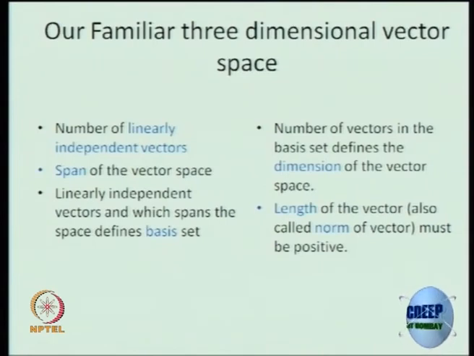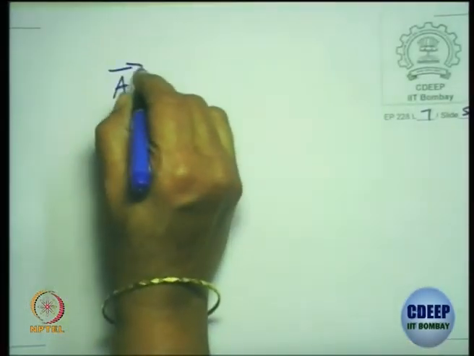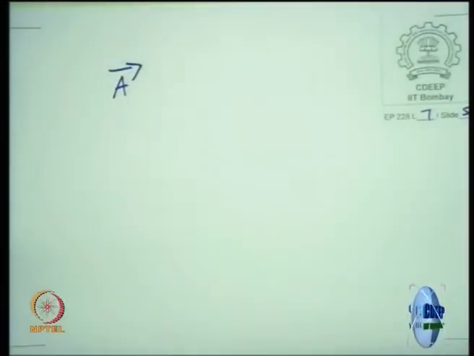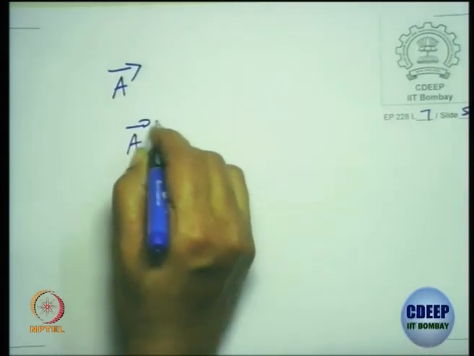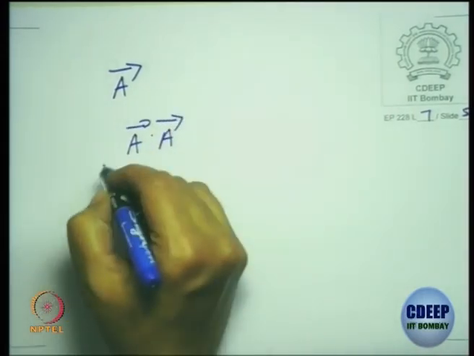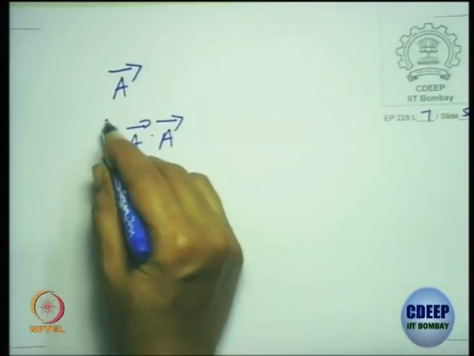Then the next question you can ask is, what is the length of a vector? How do you do this in your vector calculus? Whenever you are given a vector A, if you want to find the length of the vector, you define A dot A and take the square root.